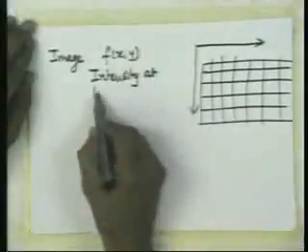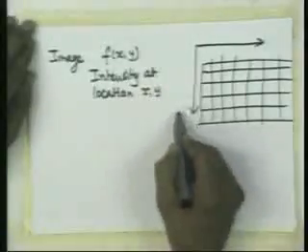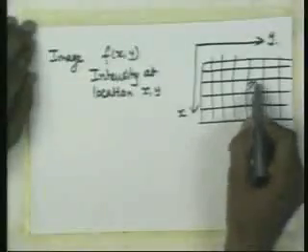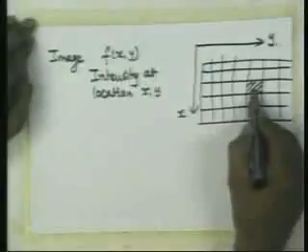So this is the intensity at location x comma y, x being this, y being this. If I look at some particular pixel here, what is the intensity at this particular point? If I specify it for all the image points, then that is my image, right? So now we are going to look at how we process this information from the image.